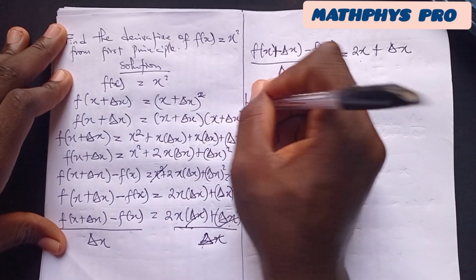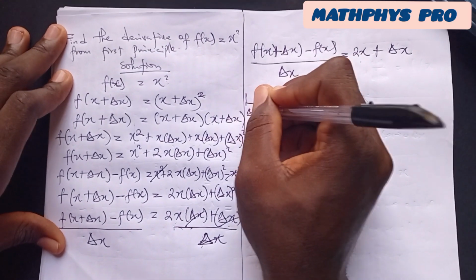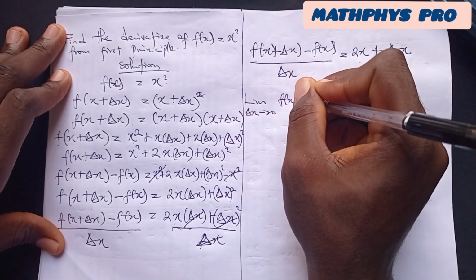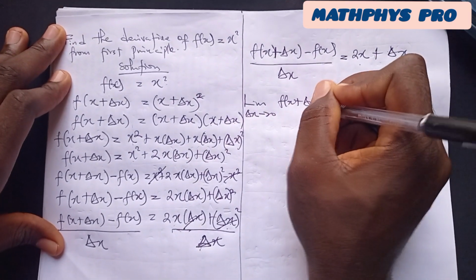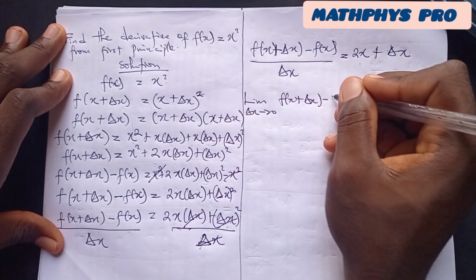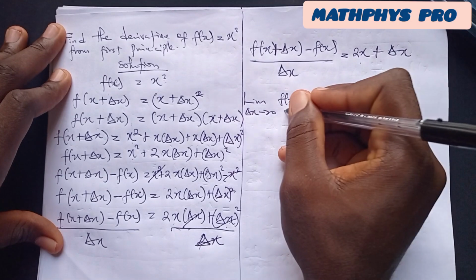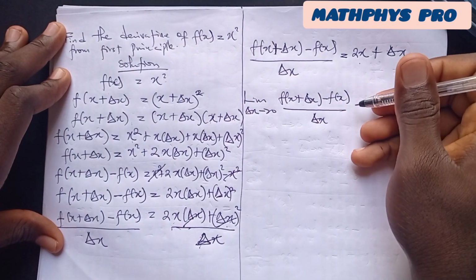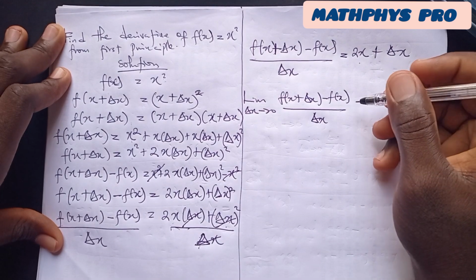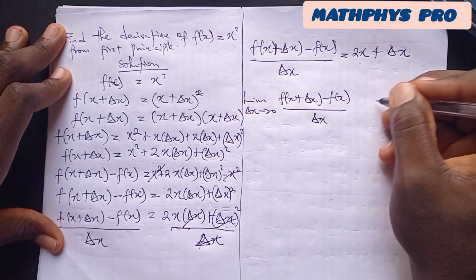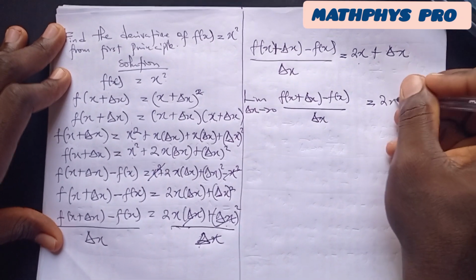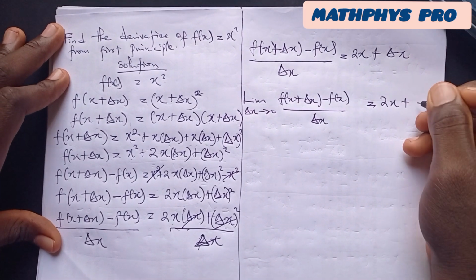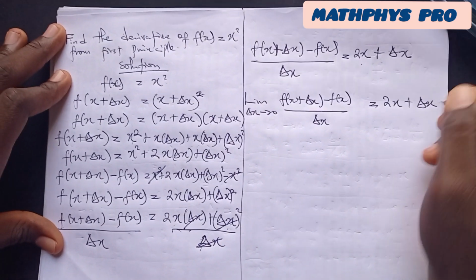So you can say the limit when change in x approaches 0, f of x plus change in x minus f of x over change in x equals 2x plus change in x.